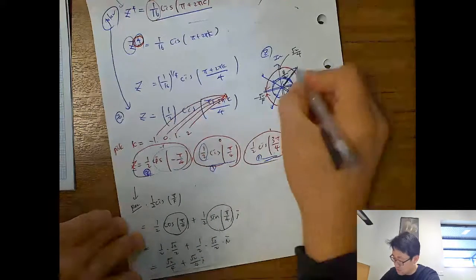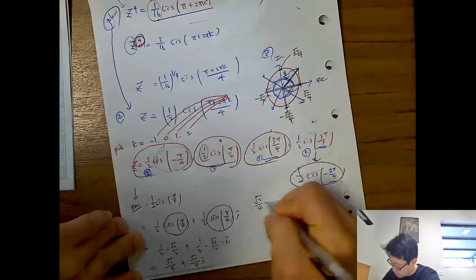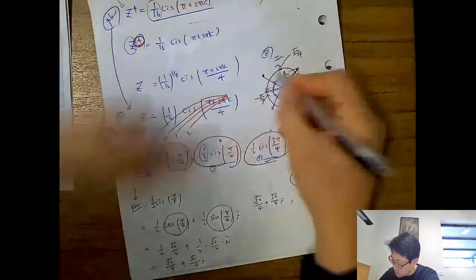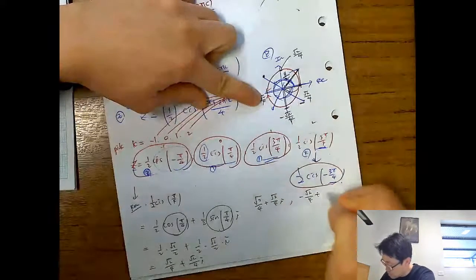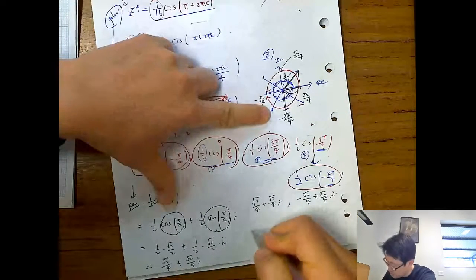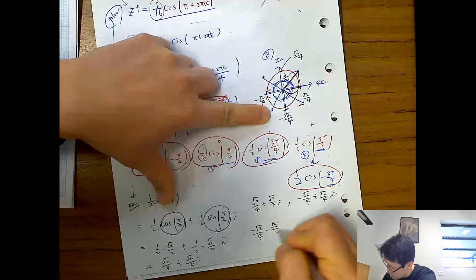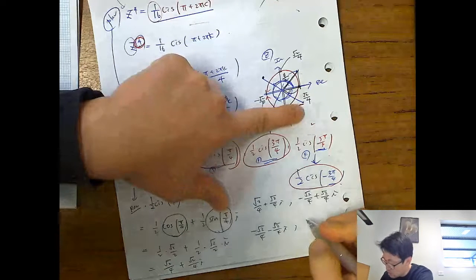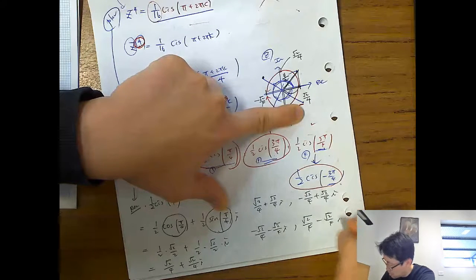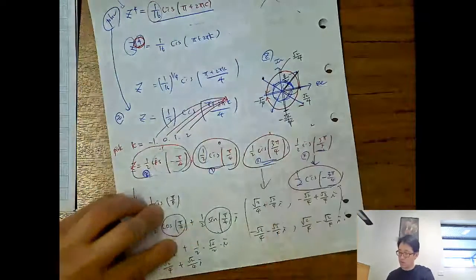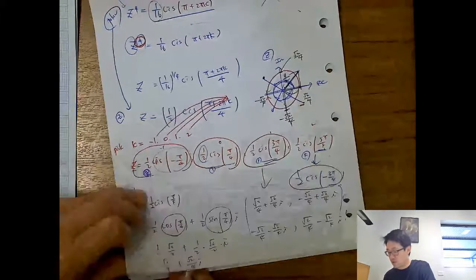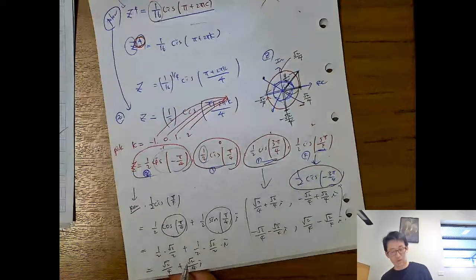Otherwise, I know this is going to be positive, and the next one minus. The imaginary part is positive here. This one is negative, negative. And that one is positive, negative. You can actually get it straight away from the graph as well. Okay, makes your life much easier rather than calculating the whole thing.